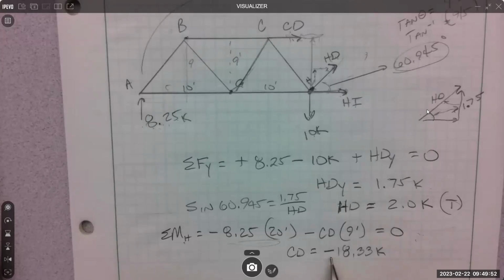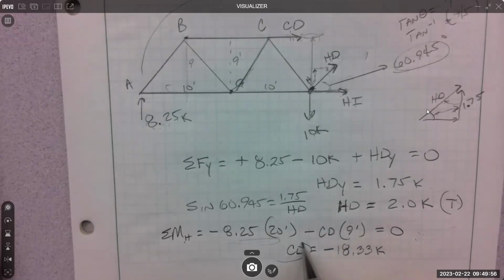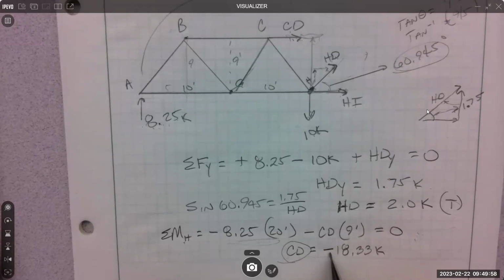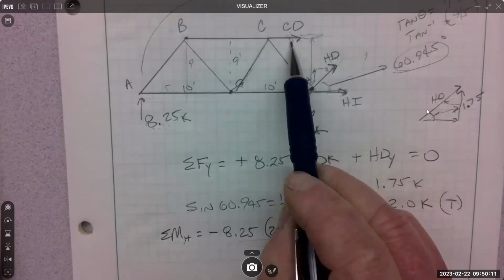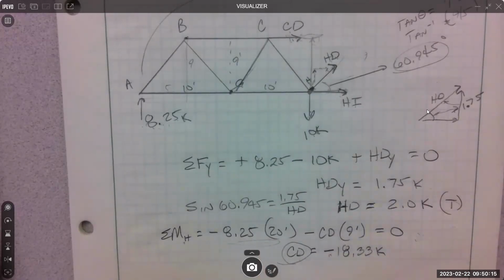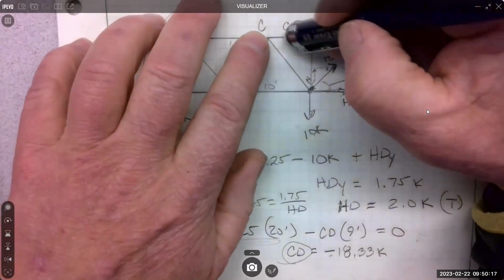It means CD is going the wrong direction. Anytime you come up with a negative force, that means the force you're solving for is going the wrong way. That assumption was wrong, so we go fix it. That's why we work in pencil.